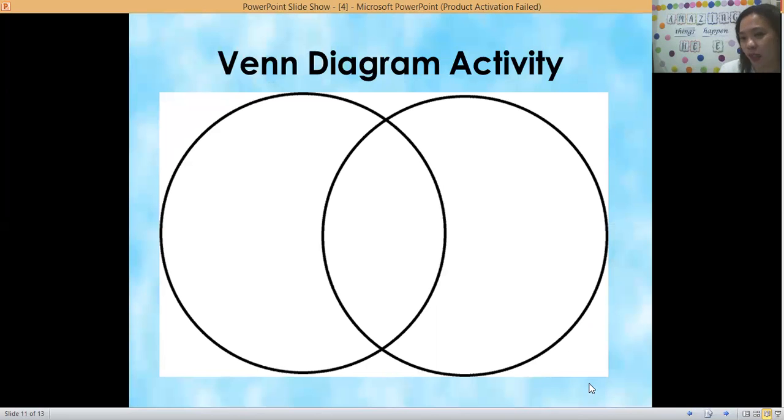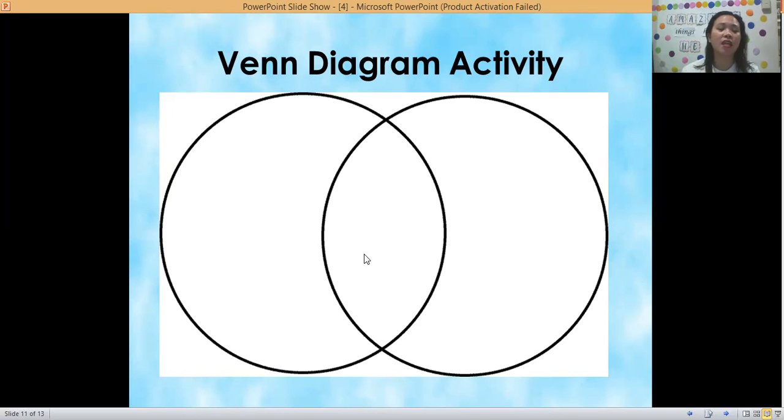Next is our Venn diagram activity. You can search for a Venn diagram sample and find this one, or you can draw it in your notebook.